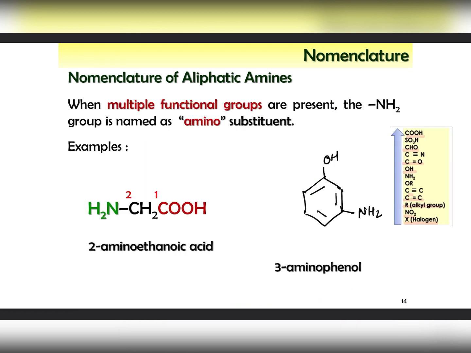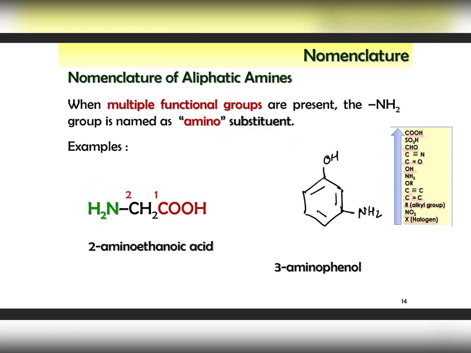Okay, so untuk this case, kalau kamu ada multiple functional group selain daripada amino group, so kita akan refer to the priority list. So kalau ada carboxylic acid, itu yang akan jadi parent, and the amino group, this one NH2, dia akan jadi substituent.